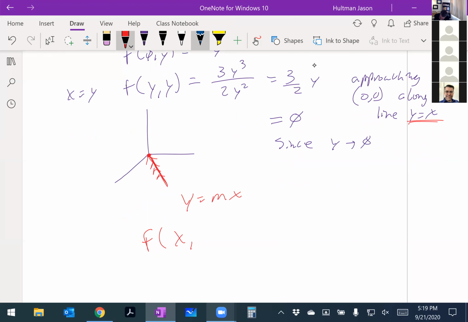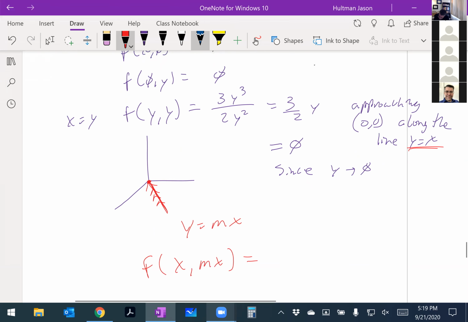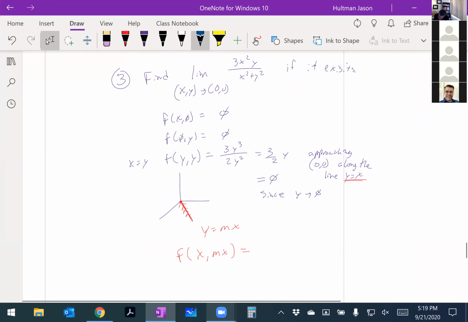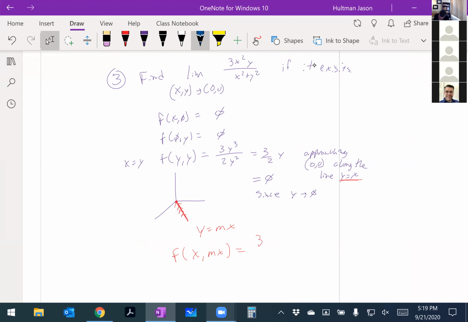Okay, y equals mx. Let's do that one. f of x, mx, is equal to what? Well, let's plug this into our original function. Where's our original function? Right there. So this is going to be 3x times mx squared all over x squared plus mx squared. So what's this going to become?